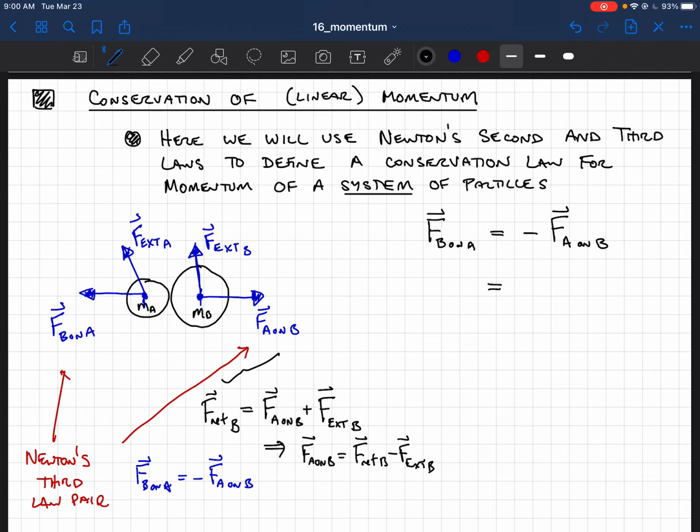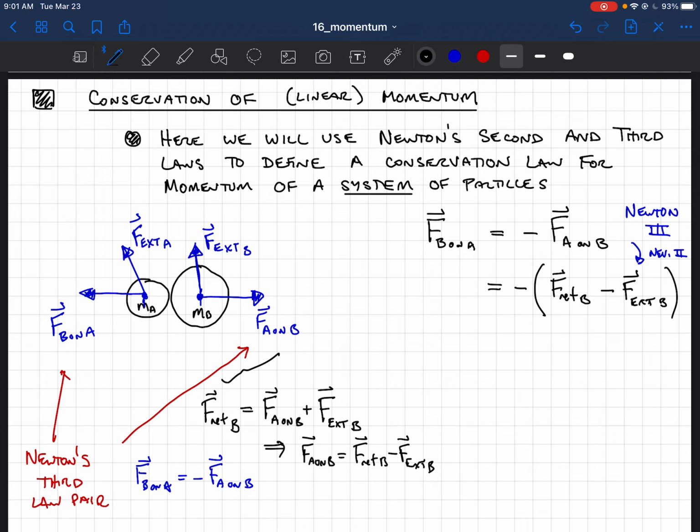So I'm going to plug that in. So FA on B then, I can plug in F net B minus F external B. These are both forces on B, as is this one up here. So I've used Newton 3 to write down my first equation, and then I've used Newton 2 to express the third law force in terms of the net force.